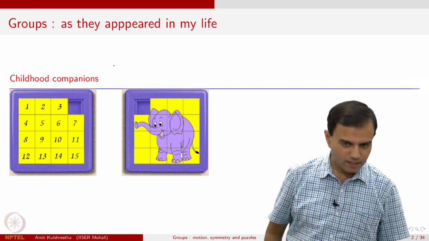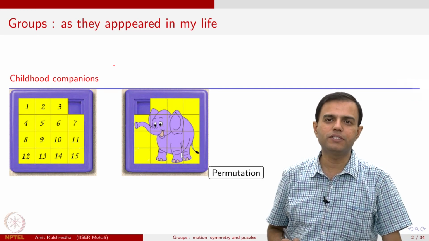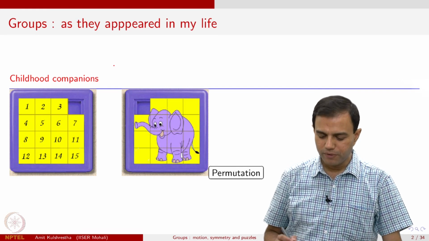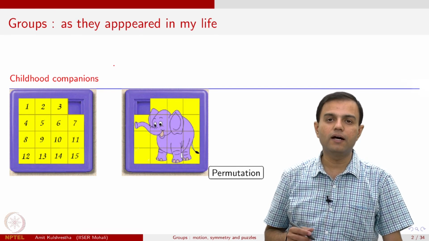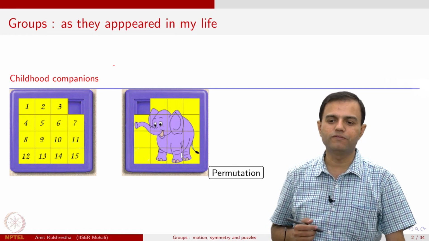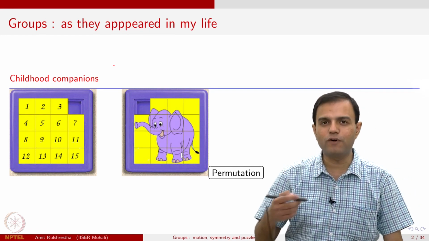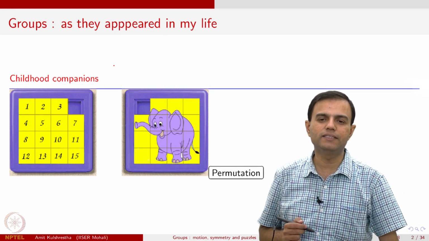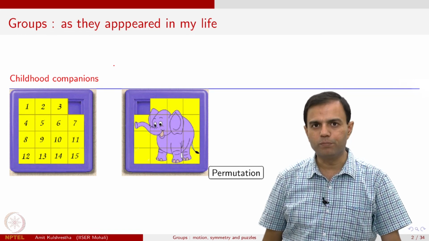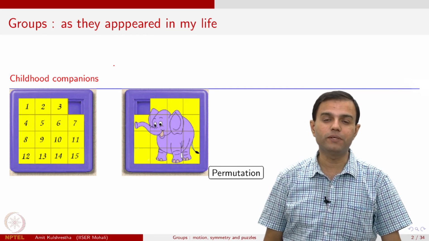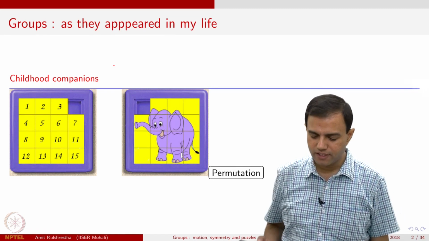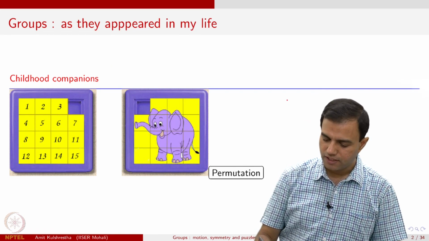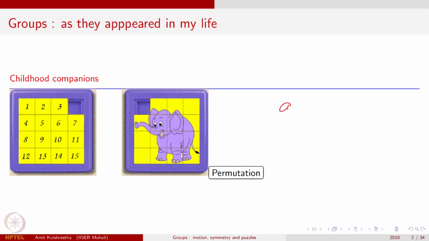Well, there is something called permutations. Permutations are very basic examples of groups. So the set of all permutations has the structure of a group. So what is the meaning of permutation? You have various objects. Say you have three things, just name them A, B and C, and then you make some shuffling.